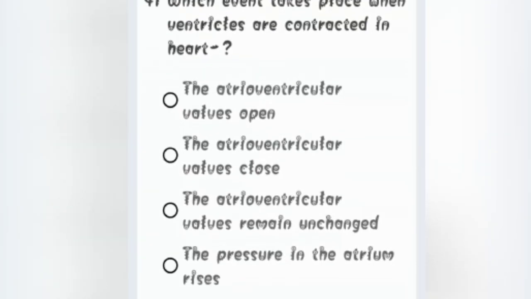Which event takes place when ventricles are contracted? Option A, the atrioventricular valves open, option B atrioventricular valves closed, option C the atrioventricular valves remain unchanged, and option D the pressure in the atrium rise. The answer of this question will be option number B, that is atrioventricular valves close.